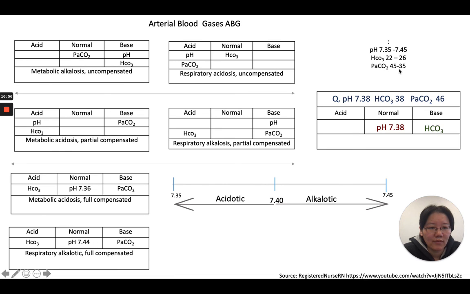PaCO2 is 45 to 35, 46. That's within normal. Oh, no, it's not normal. It's going to be on the left side, acid, PaCO2. So because pH is on the acidotic side, you're going to go to the left side and look at the left. What's on the left? Acid side, PaCO2, that's respiratory acidosis, full compensation.